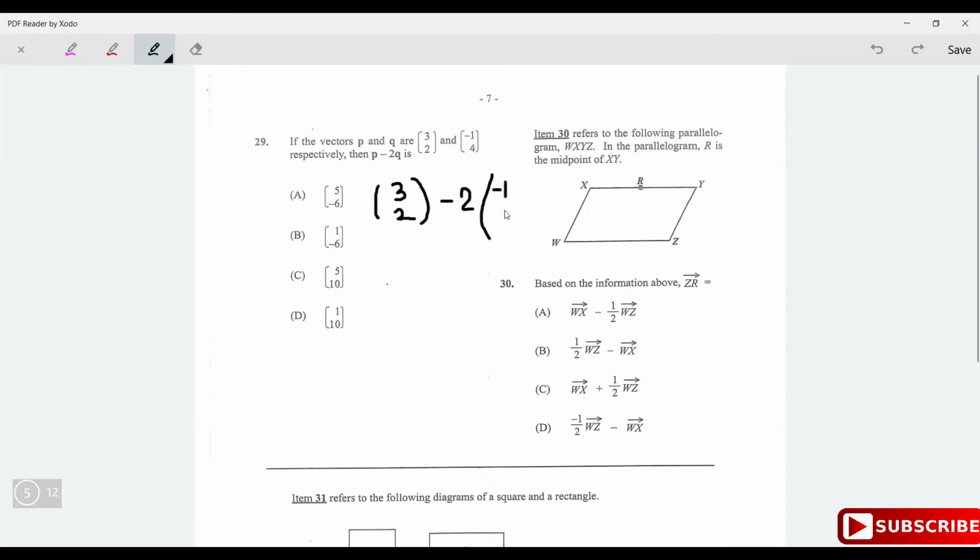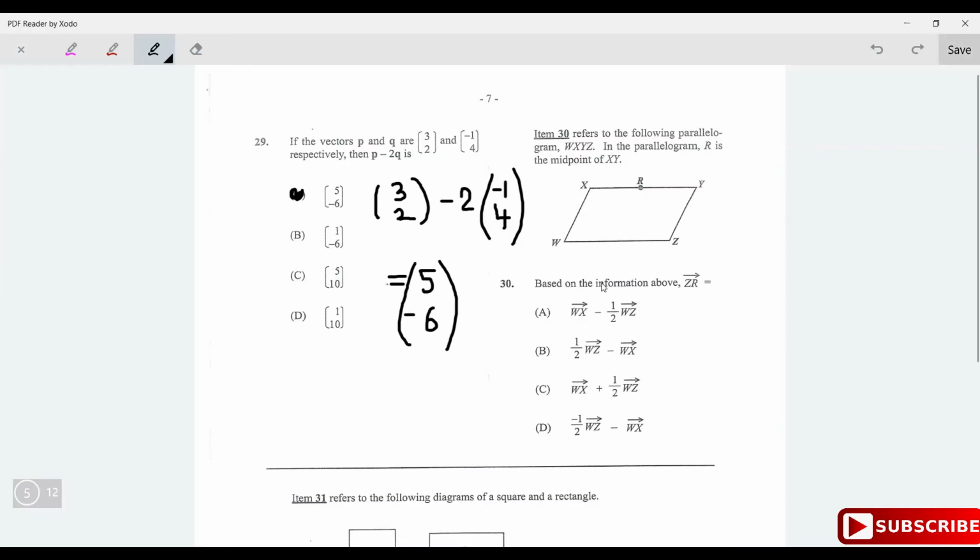So what you're going to get is 3 minus 2 times minus 1. Minus 1 times minus 2 is 2, 3 plus 2 is 5, and then 2 minus 2 times 4 is minus 8, minus 8 plus 2 is minus 6, so that's (5, minus 6), which is A. Easy question.